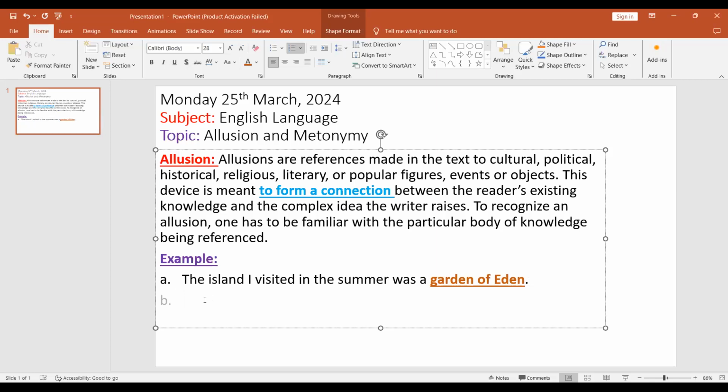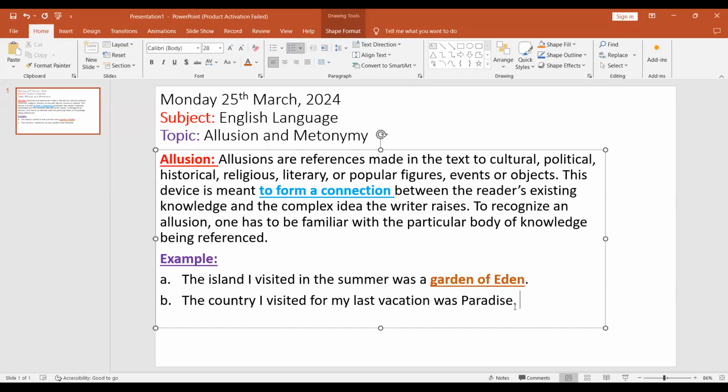Okay, so I can say the country I visited for my last vacation was paradise.